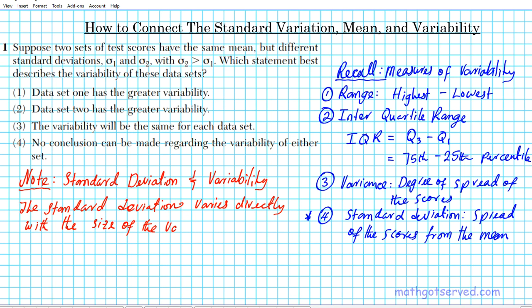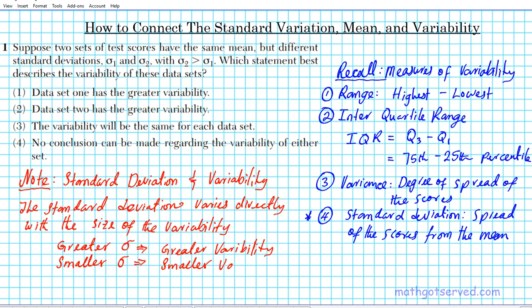All that basically means is that if you have a greater standard deviation value, if you have a greater sigma value, that automatically implies that you're going to have a greater variability. That's what direct variation means. And the reverse is also the case. If you have a smaller standard deviation, a smaller sigma value, you're going to have smaller variability.